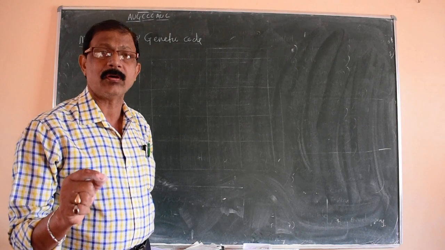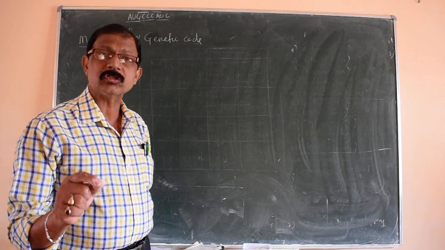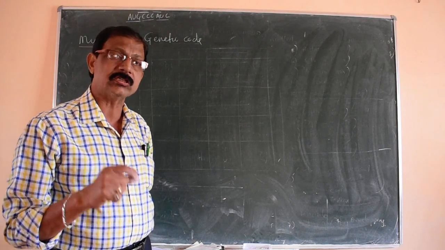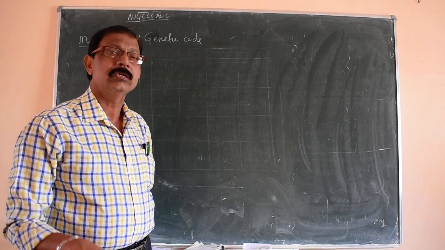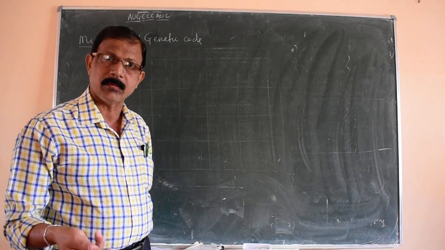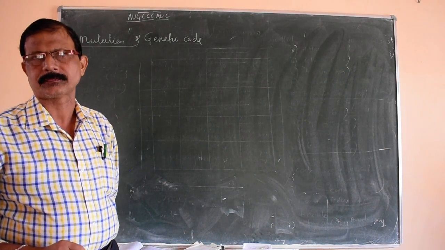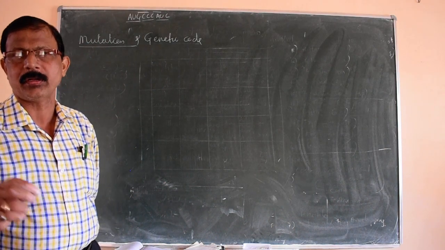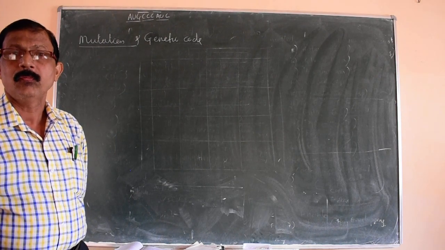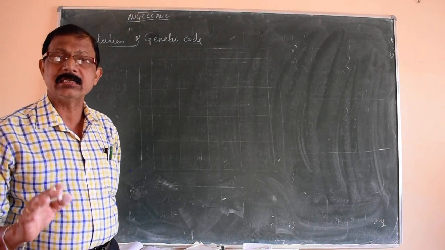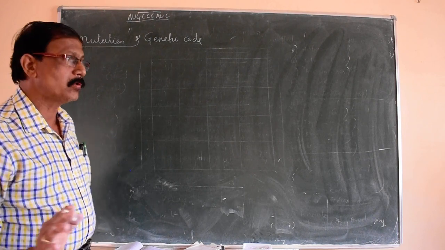Because of that one alphabet change at the sixth position of the beta globin, the mutation takes place, and thereby instead of normal hemoglobin, S hemoglobin is formed, and that S hemoglobin causes problems to the human being.